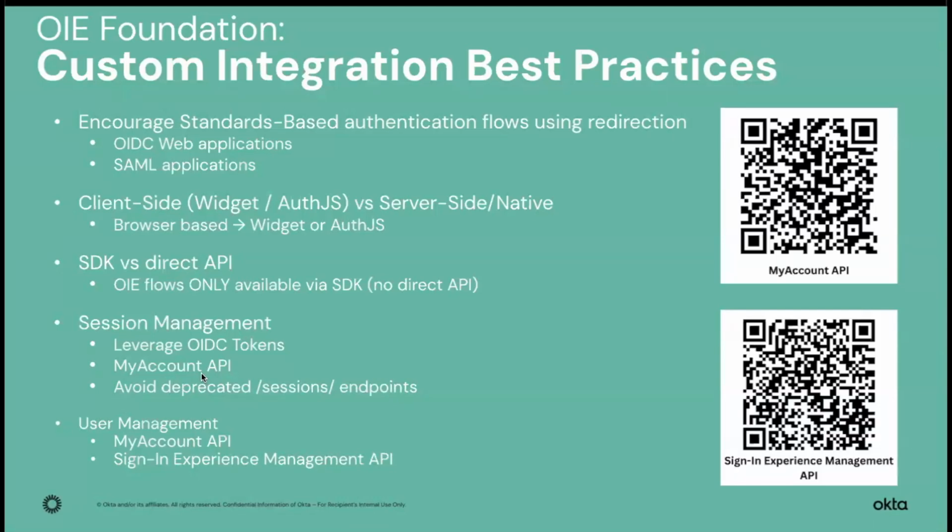But as you upgrade to OIE, it's a perfect time to reevaluate whether you really need an embedded model, right? Is what's available through the out of the box customization with branding, et cetera, sufficient to give you the level of customization you want while also taking a lot of the work off of your plate as far as implementing all of these new capabilities?